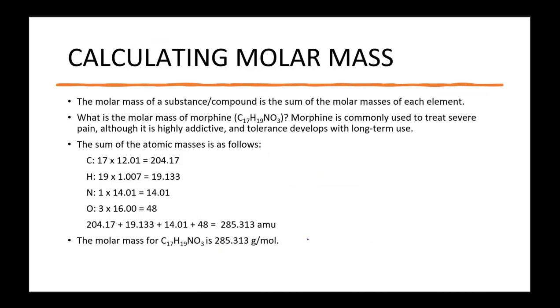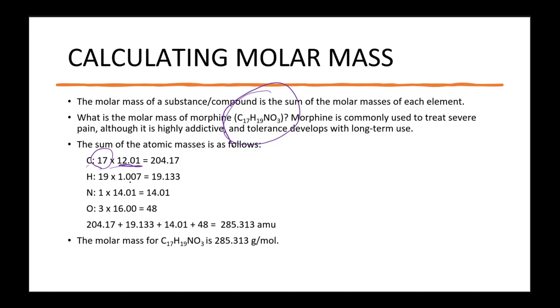What if I have a compound? Well, in that case, I just sum the molar masses of each element. For example, if I wanted to find the molar mass of morphine, which is C17H19NO3. Morphine is commonly used to treat severe pain, and although it is highly addictive, tolerance develops with long-term use. So I would need to take carbon, find out what carbon's molar mass is, and times that by 17.